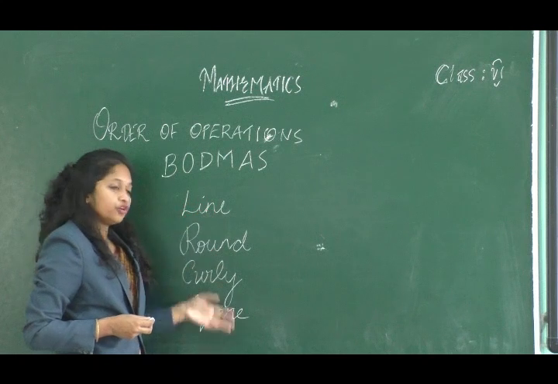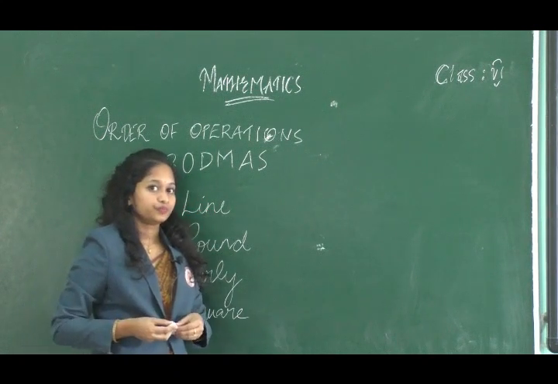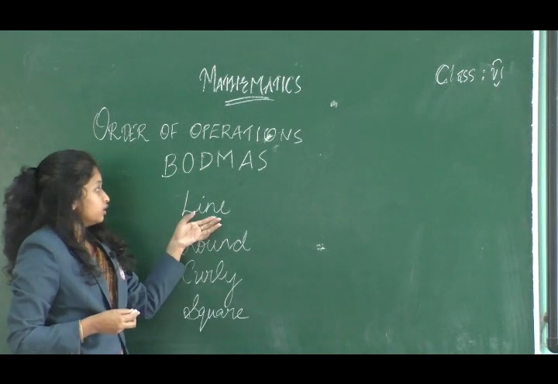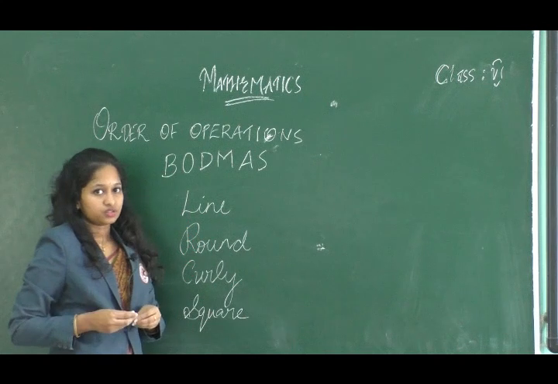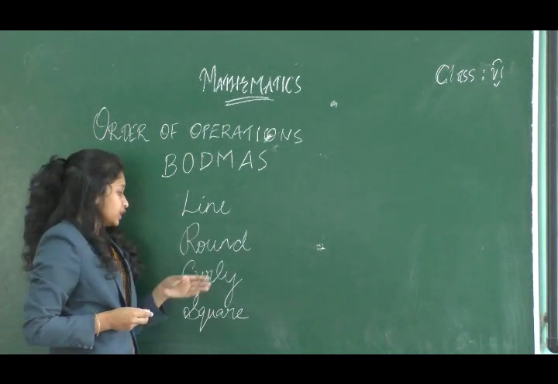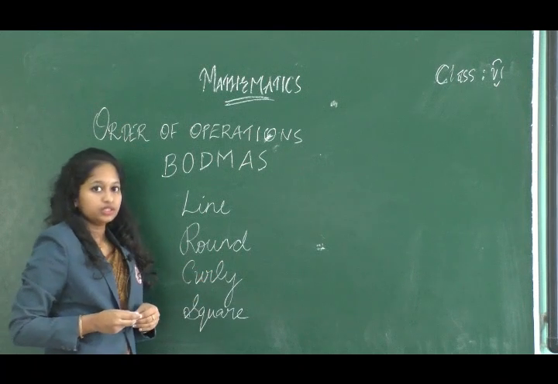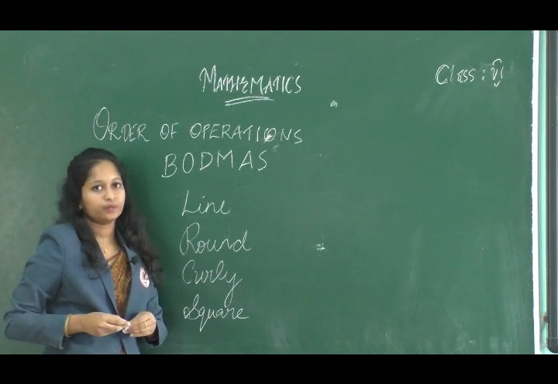So if all 4 brackets come in a question, what do you have to do? First, do the operations which are in the line bracket, and then move on to round brackets, and then to curly, and at last do the operations inside the square bracket.